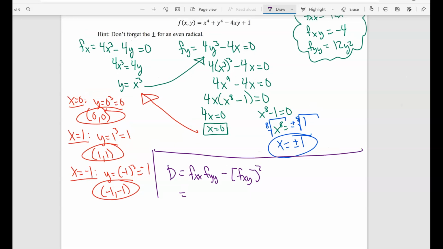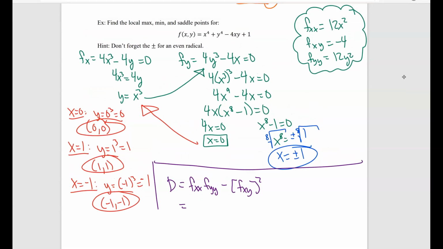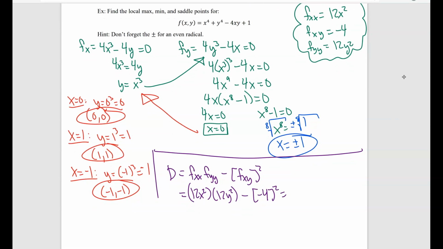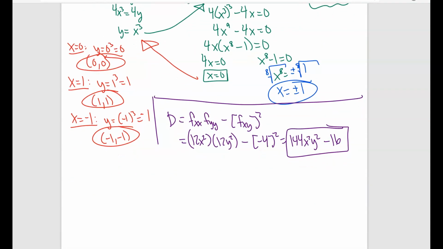So you're going to get 12x squared times 12y squared minus negative 4 squared. So this will give me 144 x squared y squared minus 16. All right, so this is going to be my determinant, what I'm going to be testing all these points in.